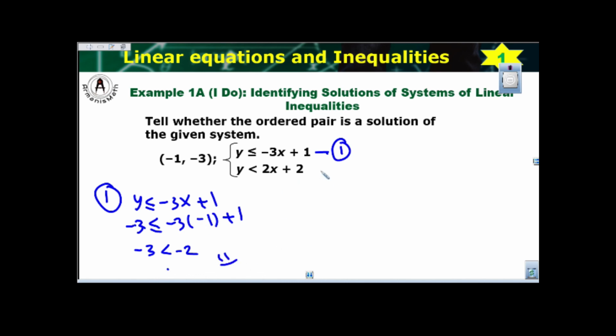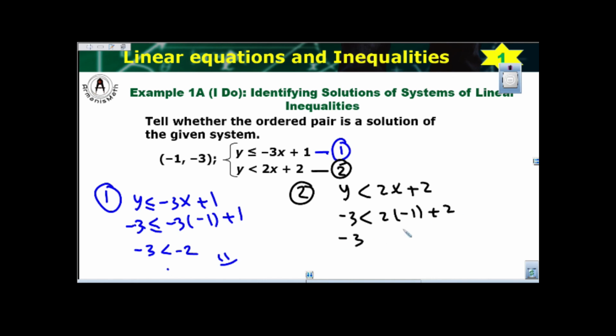How about the second one here? Let me change color, and I'm going to do number 2. y is less than 2x plus 2, and I'm going to test the same point. Given this point, I have -3. Is that less than 2 times -1 plus 2?